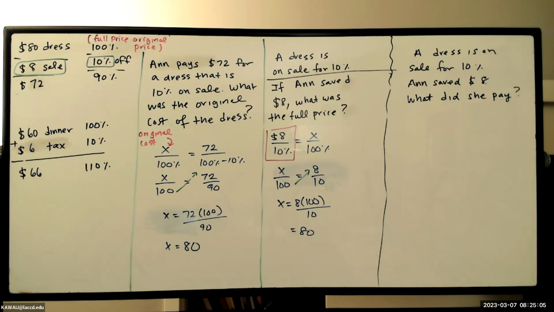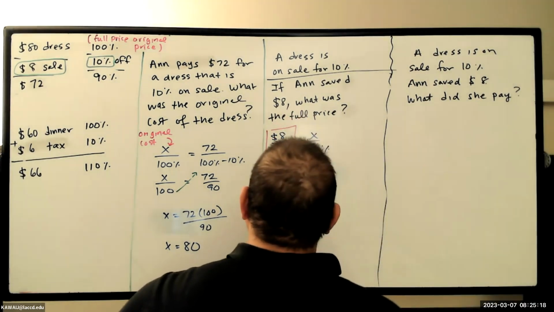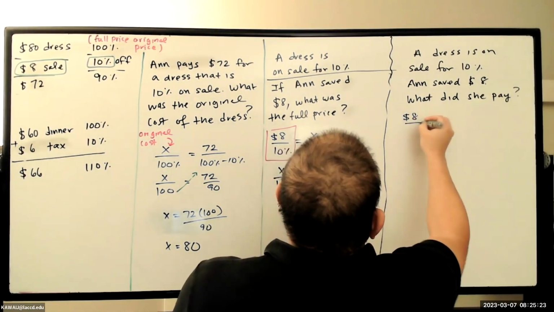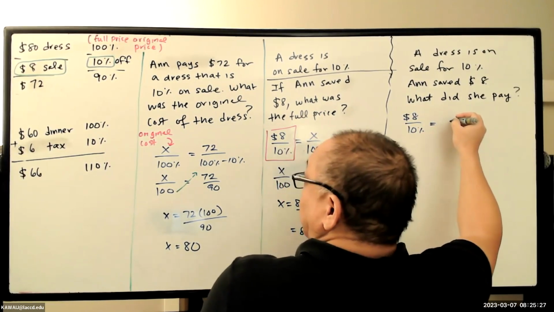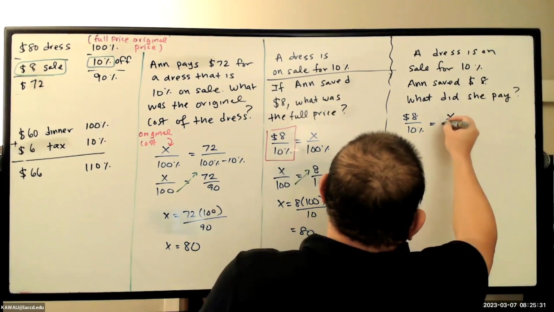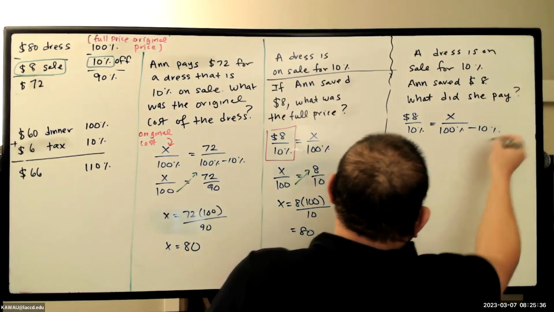Let's take a look at it. So this part's the same. So we have $8 over 10% is equal to, now we're paying, we don't know how much we're paying, but it is 100% minus 10%.